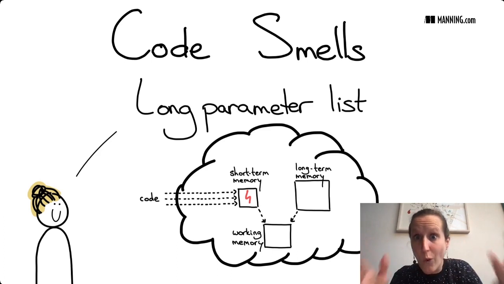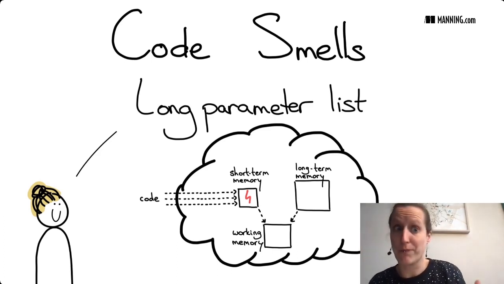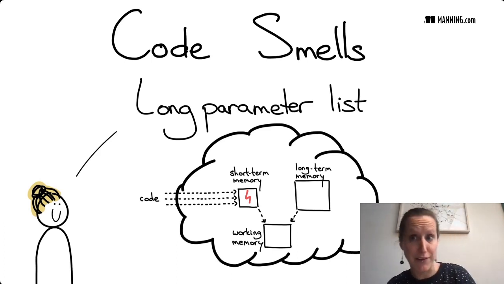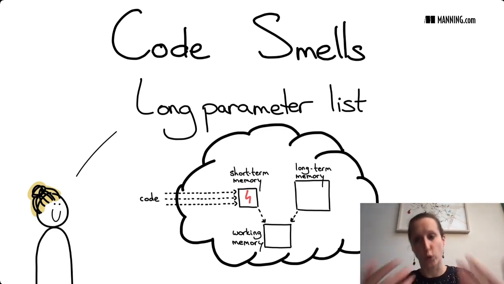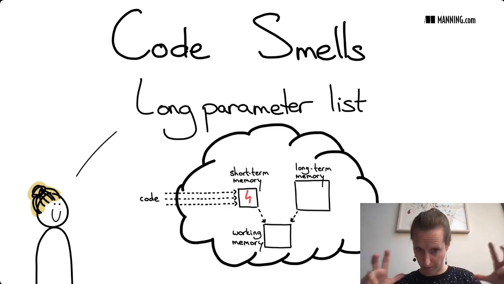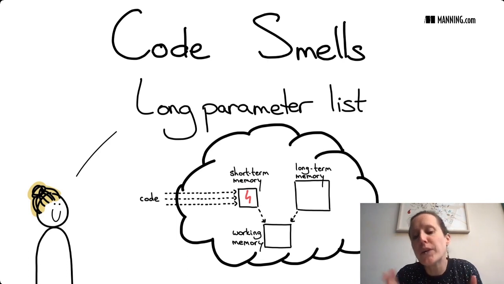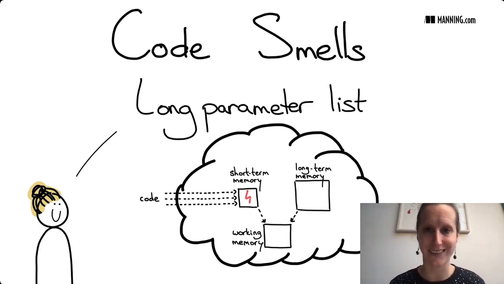And that's why you don't want to create functions with very long parameter lists, because then you're putting the burden of remembering everything, and remembering everything in the right order, on the caller of the method. So long parameter list is troublesome because it overloads the short-term memory. We've talked about this in a previous video as well, people can only remember between like 5 and 9 things at the same time.